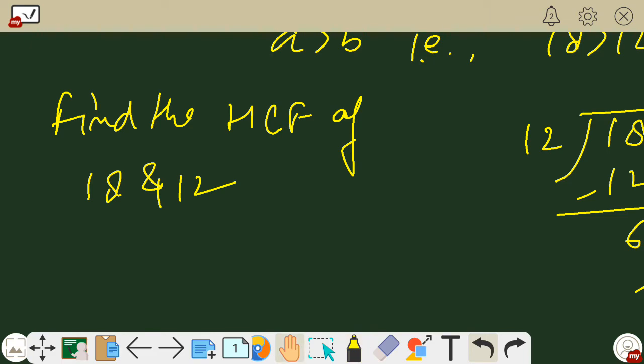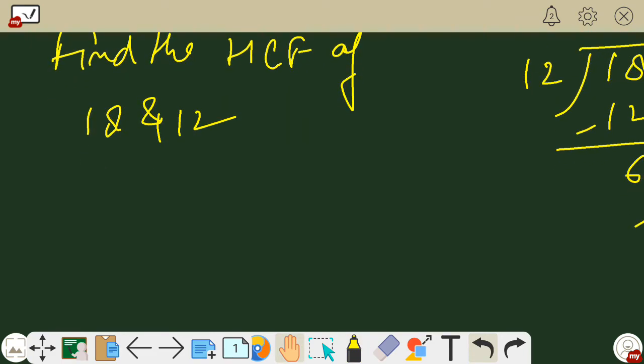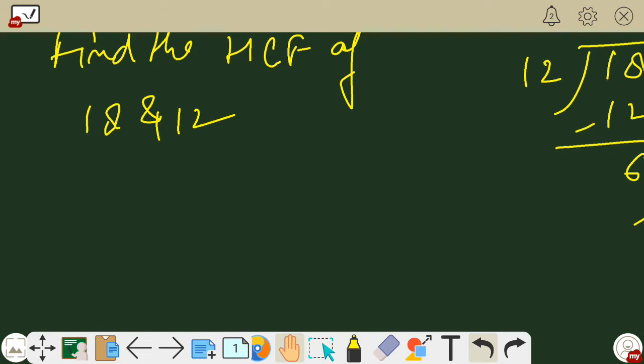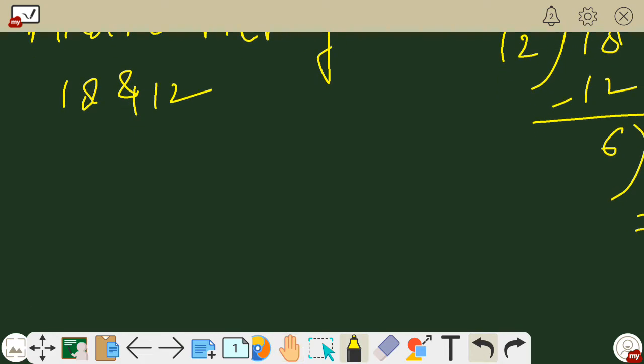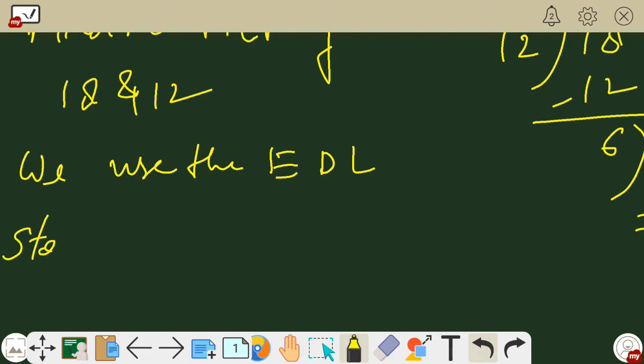Here we use the Euclid division lemma. Step number one: 18 is equal to 12 times 1 plus 6, where 6 is the remainder.